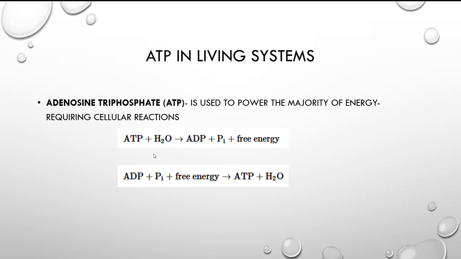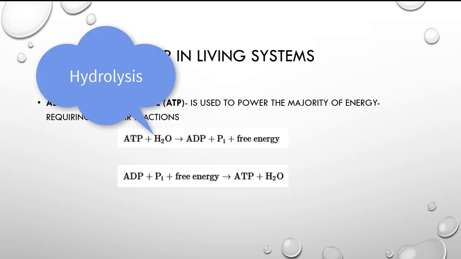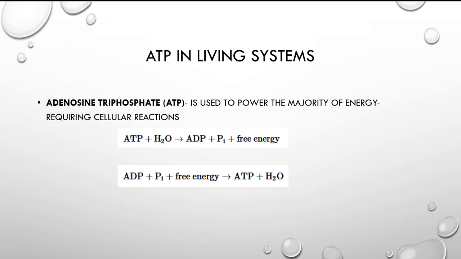Is it a dehydration synthesis reaction or a hydrolysis reaction? When we're adding water to break apart ATP, well, this would be an example of a hydrolysis reaction. Remember, hydro means water, lysis means breaking. So we're using water to break apart the bonds that bring ATP together.